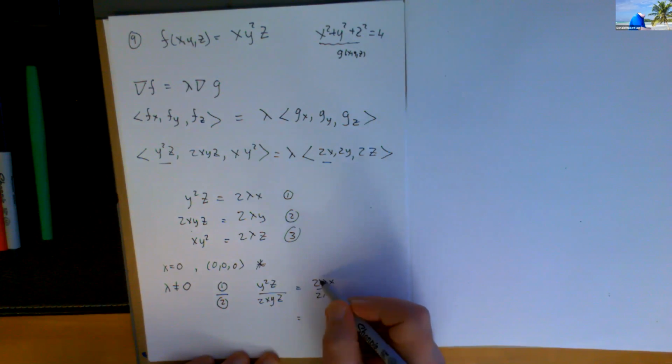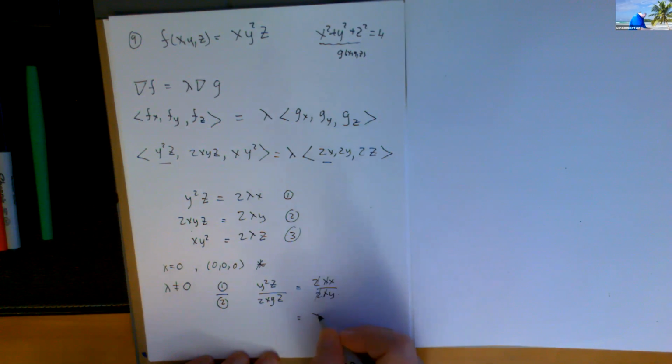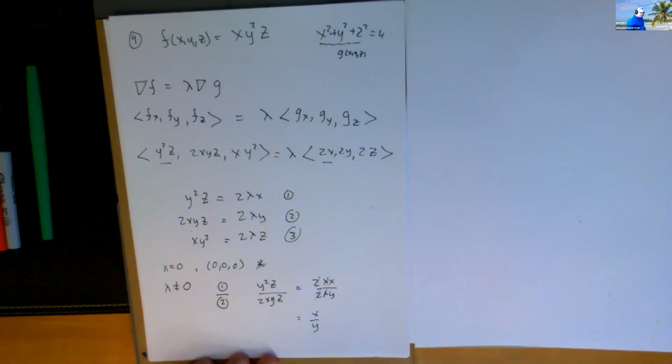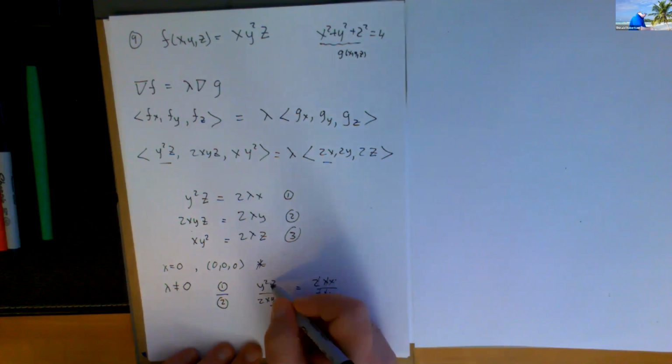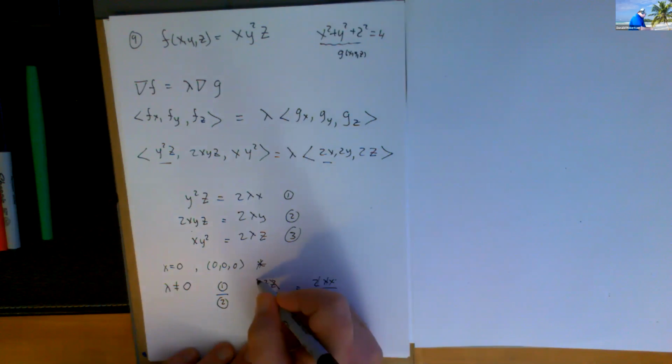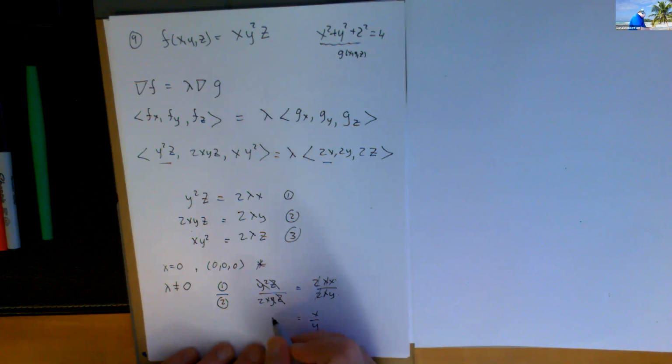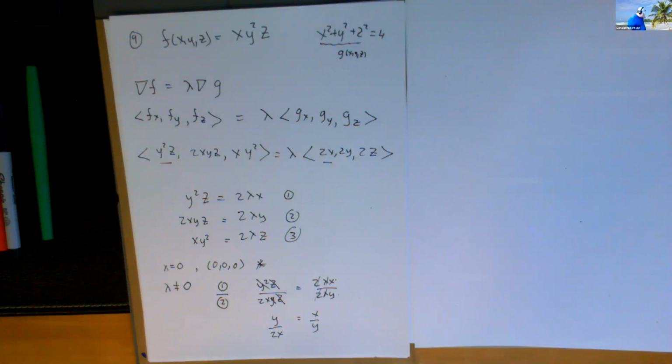Won't the 2's cancel and the lambdas cancel, so you get x over y? Over here, won't the z's cancel? One of the y's cancels, and I'm going to have y over 2x. Are we comfortable with what I just did there?